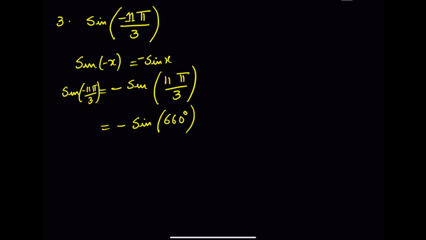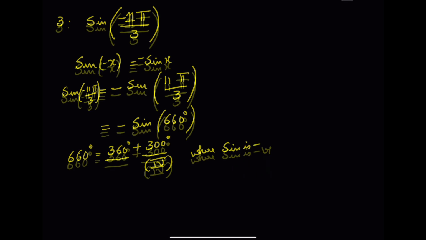So 660 degrees is 360 degrees plus 300 degrees. So that means one full rotation is completed and an additional 300 degrees has been achieved by this point. So 300 degrees is in the fourth quadrant where sine is negative.